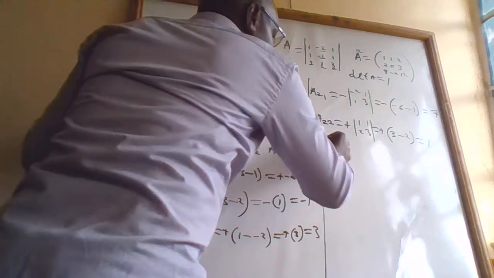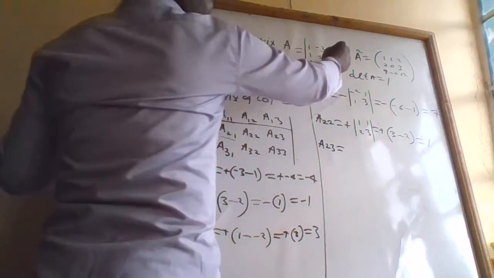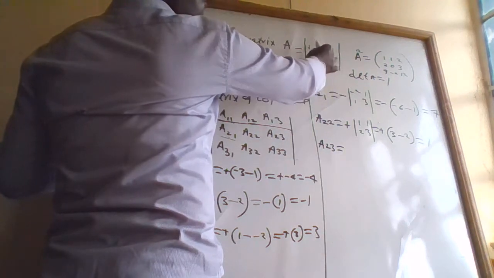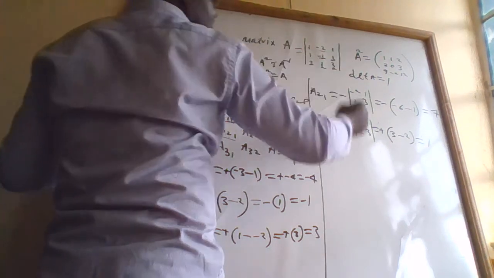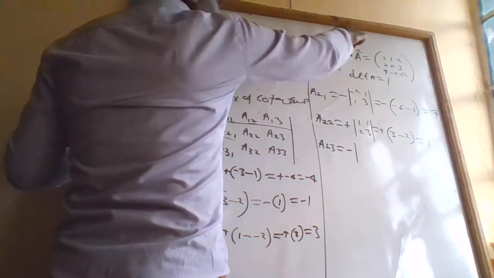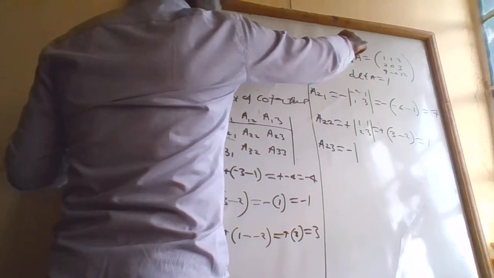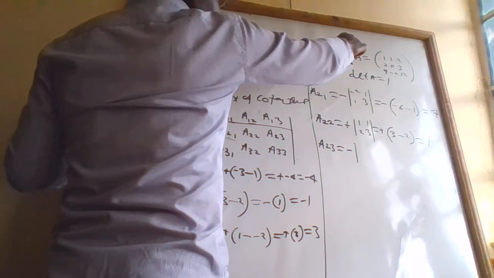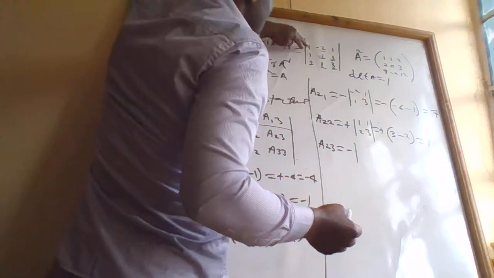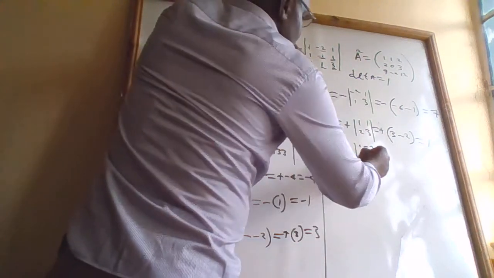Then we move on to A23. We have this element. The place sign of this element: positive, negative, positive, negative. So it will be negative. So for this element we remove this column and this row, so that we make 1, negative 1, negative 2, then 2, 1.